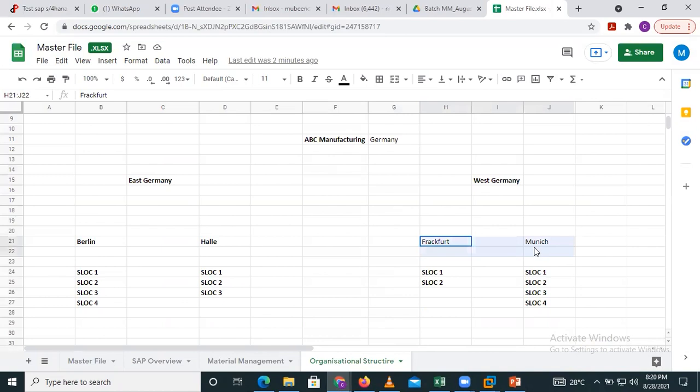If your organization structure itself is not properly mapped, then the rest of the business process also will not map properly. So to have a successful implementation, we should have the proper map of this organization structure. We should get the correct requirement from the business, how many organization units they have in their business, and those organization units we need to map into our SAP systems in a correct way.